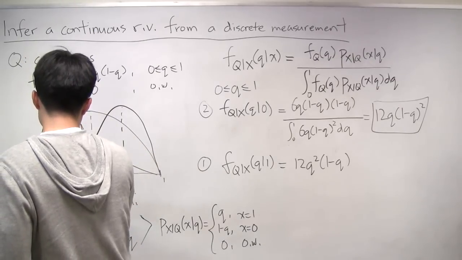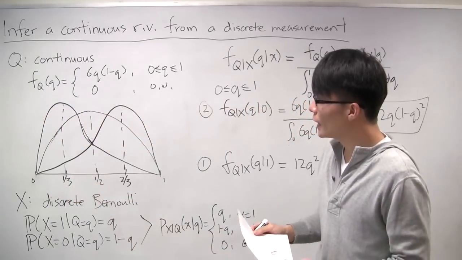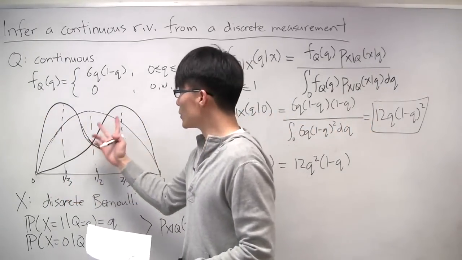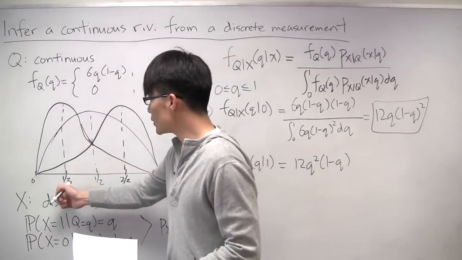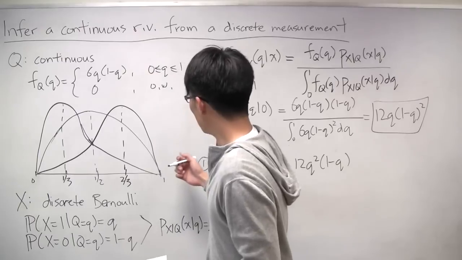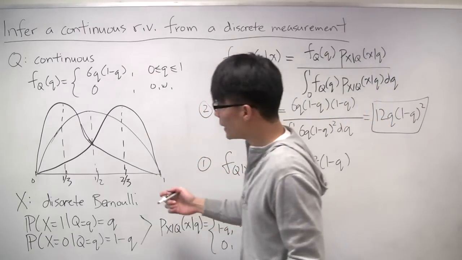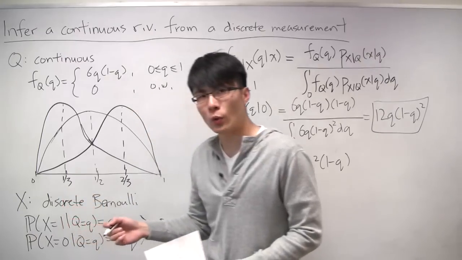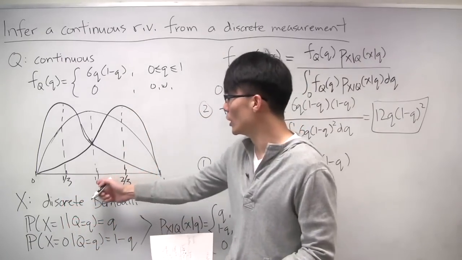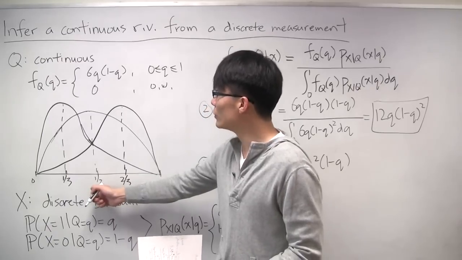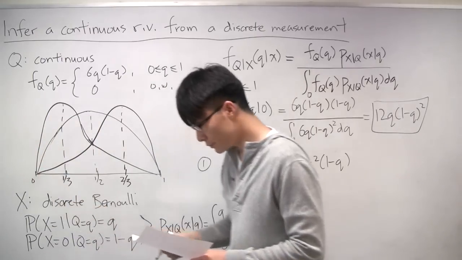It doesn't look like it, but the peak is at 1/3. And you notice, first of all, that these are symmetric. There's some symmetry going on. The interpretation in this case is that because you observed 0, which corresponds to observing tails, that gives you evidence that the bias of the coin is relatively low, or the probability of getting heads with this coin is relatively low, which pushes your belief about Q towards the smaller values.